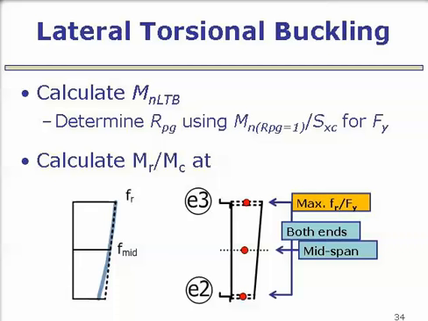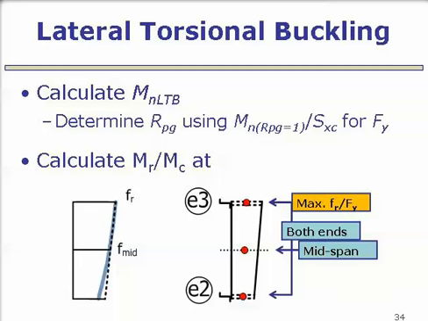in AISC 2005. In the design guide, we expressed that same equation in terms of flange stress. One more recommendation we have in the design guide is that when you determine the R_pg factor, instead of using Fy, you can use the M_n based on R_pg equal to 1 over the section modulus. By using this term, you will get a slightly more liberal value for the R_pg factor.